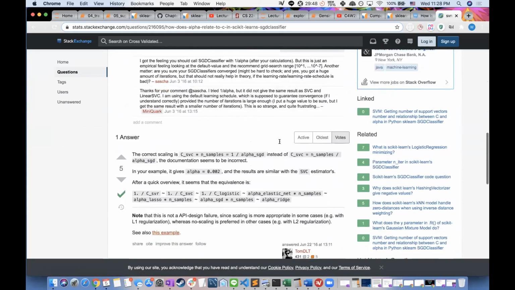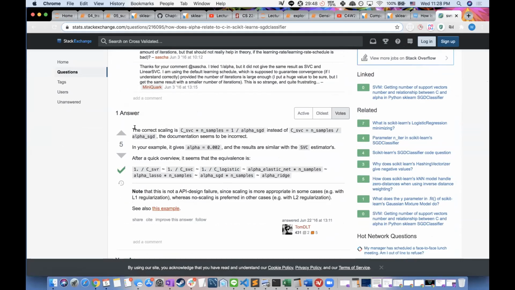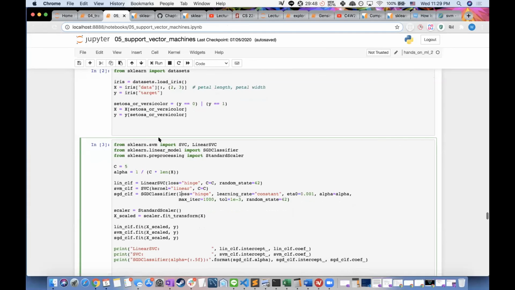And the answer, the correct scaling is C of SVC times n samples, which is the number of rows, equals 1 divided by alpha of SGD. And so that's actually how he calculates it. It's basically alpha equals 1 divided by C times length of X.